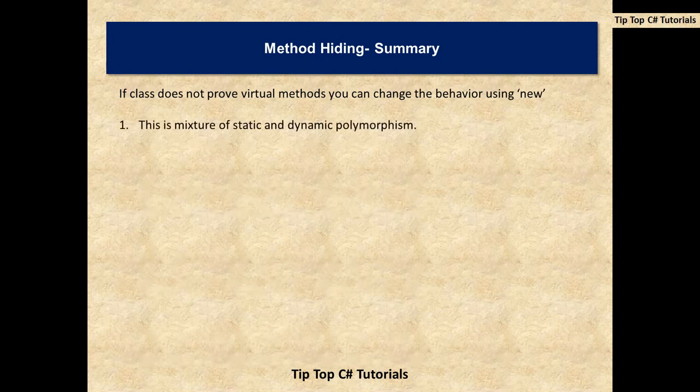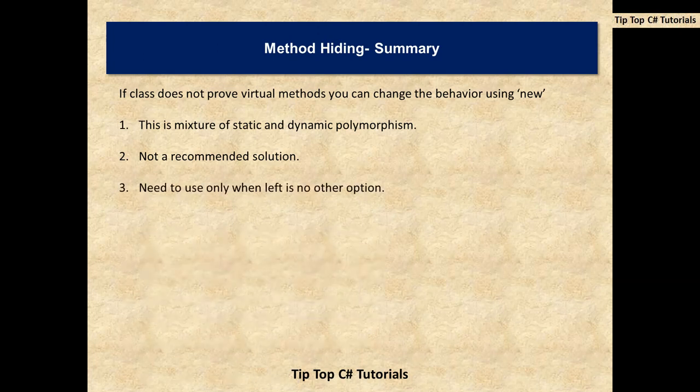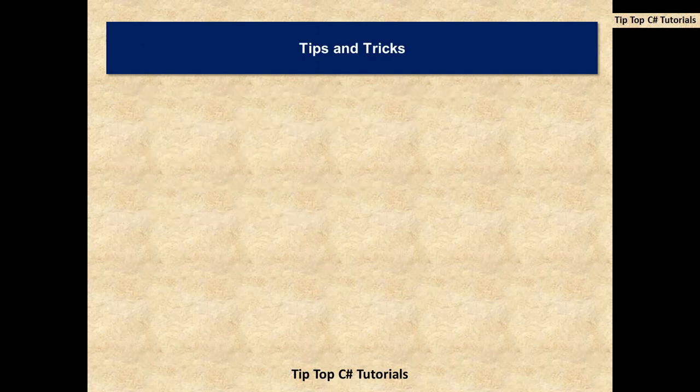This is a mixture of static and dynamic polymorphism. It is not a recommended solution. If you want a quick fix, where you are waiting for somebody to change everything, then only you can go for it, but still not recommended. Need to use it only when left with no other option. Kind of a workaround or a quick fix. So now we are done with method hiding as well.